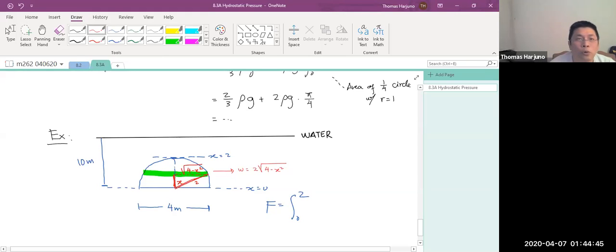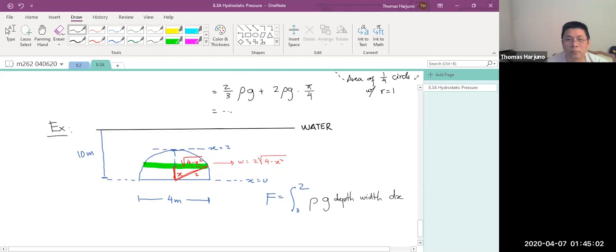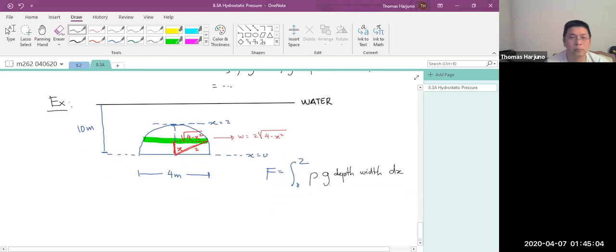So if I go back to my integral, that will be rho g, the depth, times the width, dx. Is it right? Integral from 0 to 2 of rho g. Now, how about the depth?